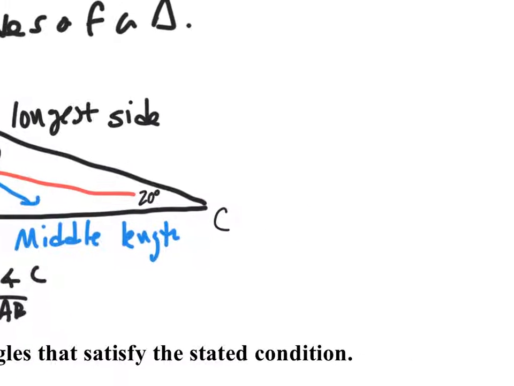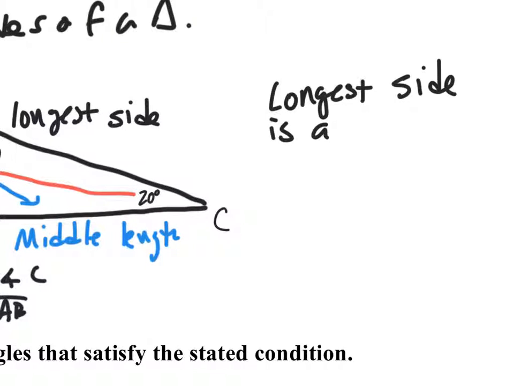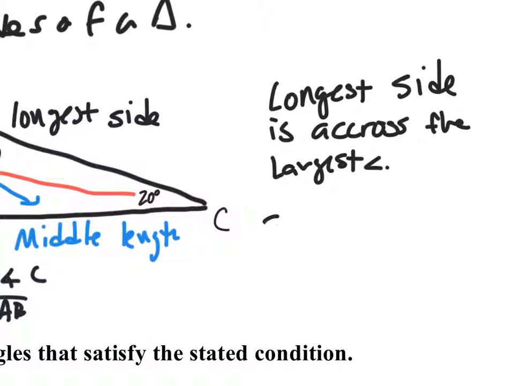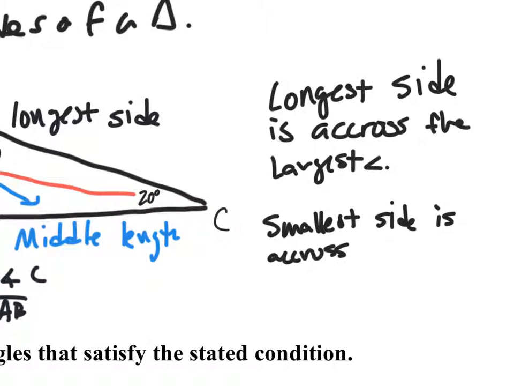Okay, and so the key to this is that the longest side is across from the largest angle, and the smallest side is across from the smallest angle, and vice versa.